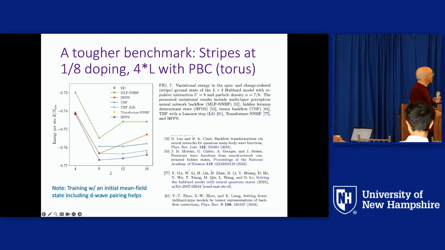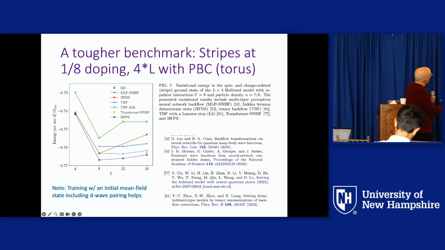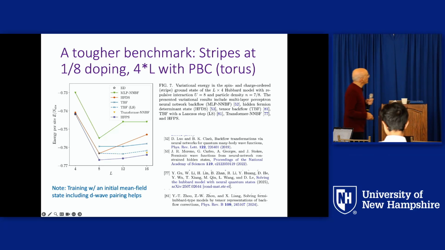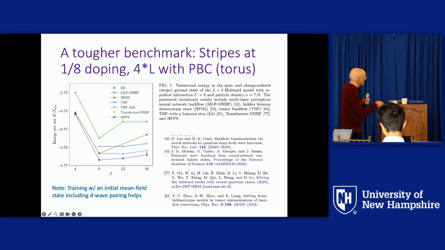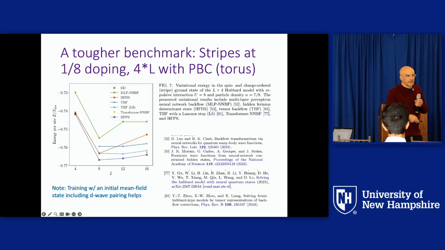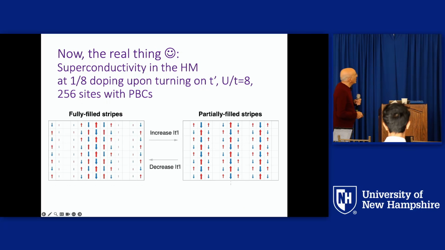So this is a comparison at very small size with ED, that's the 4x4 we've seen before, and then comparison of HFPS with other available neural network methods. This is the recent transformer neural network backflow from the ByteDance group, the Beijing ByteDance group, from this paper. Okay, so now the real thing, and it's about time.